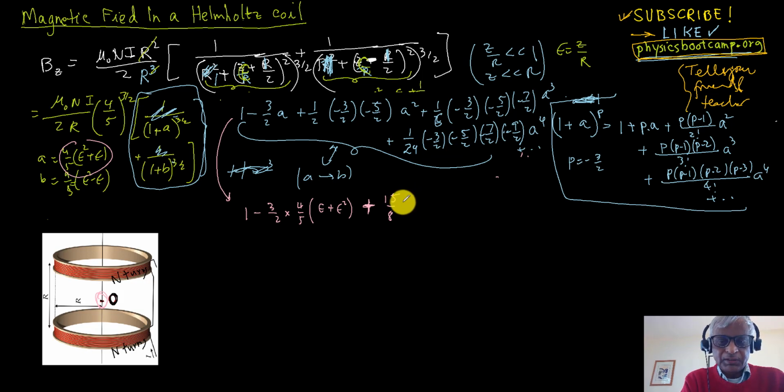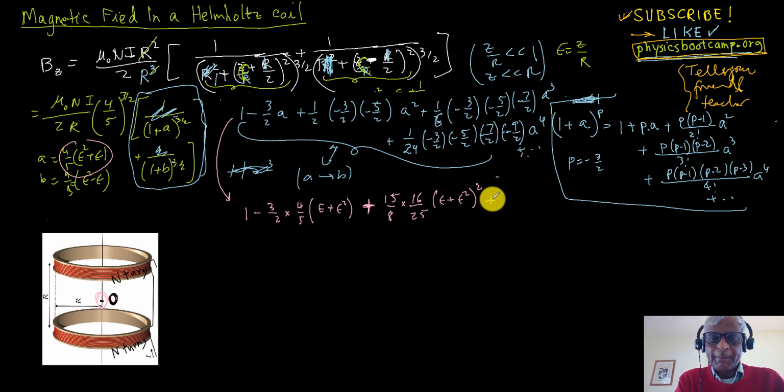A squared will be 16/25, epsilon plus epsilon squared, squared.